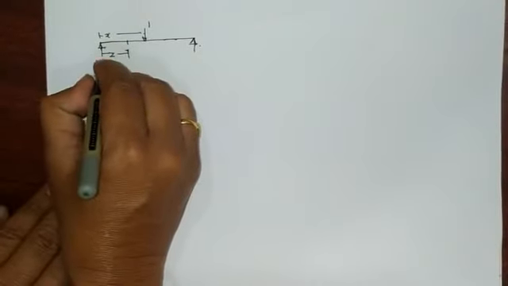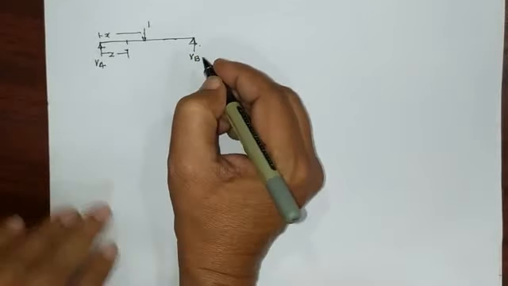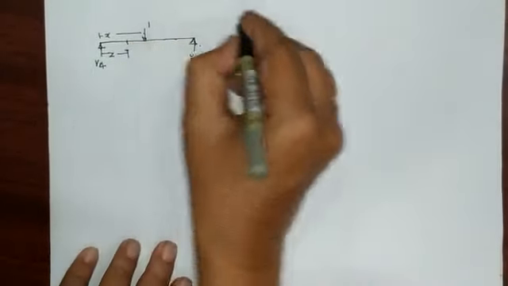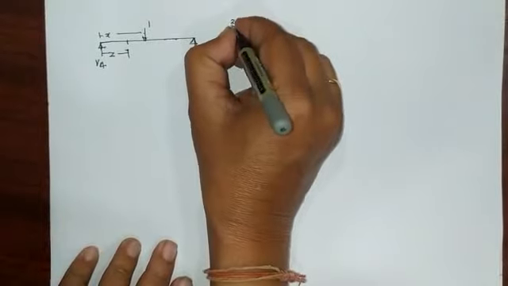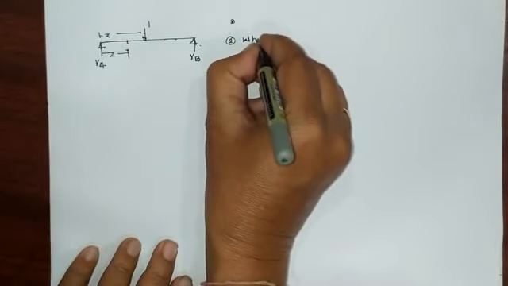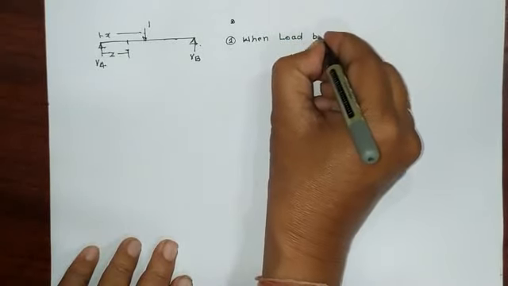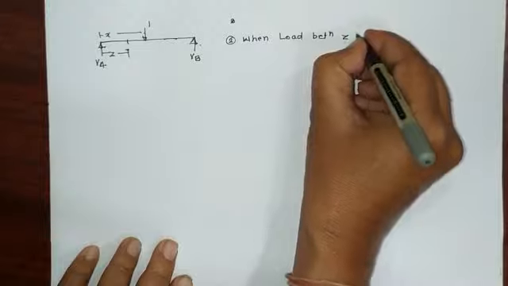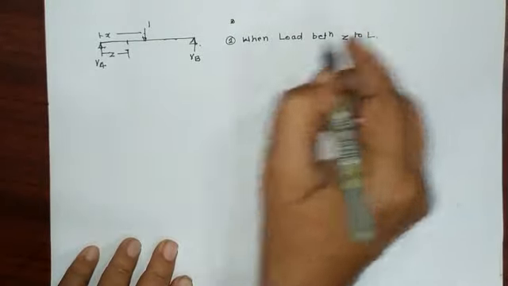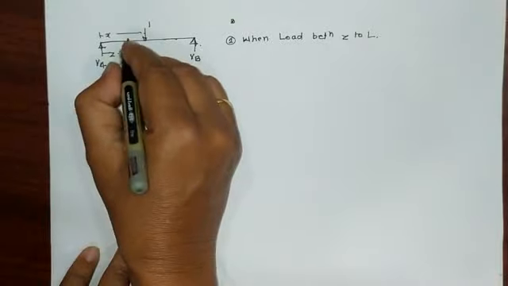Now this is VA and this is VB. So second condition, when the load is between Z to L, from this to this, in that condition at this section, what is the shear force?